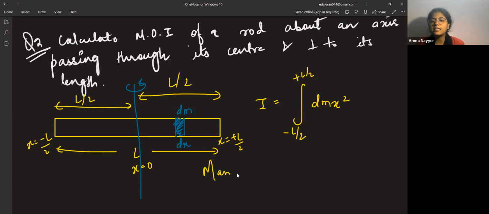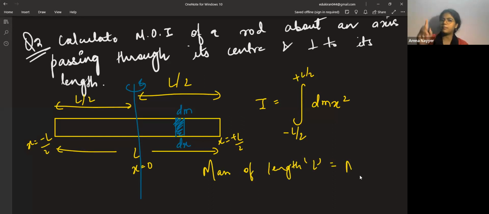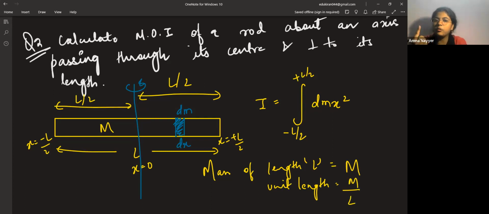If the mass of the length L rod is capital M, suppose the entire mass of this rod is M. So for unit length, this will become M by L. For 1 unit length, it will be M by L. L length, M mass.